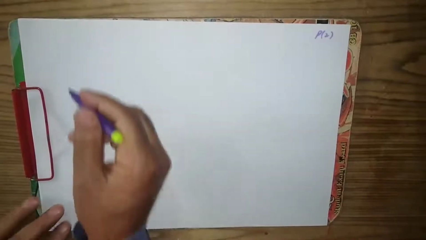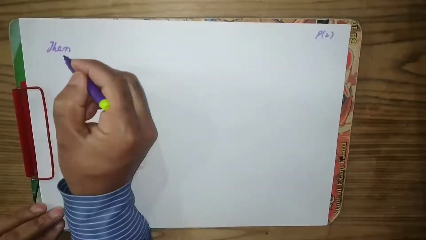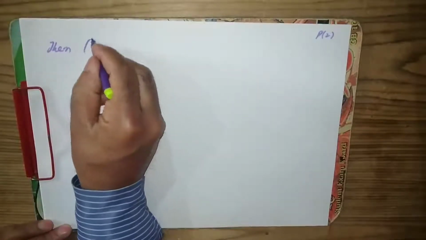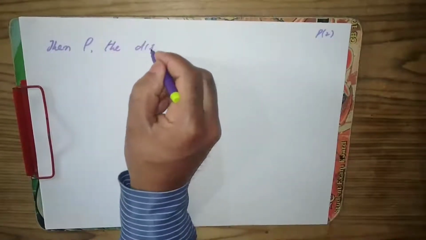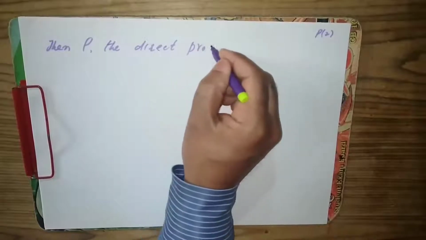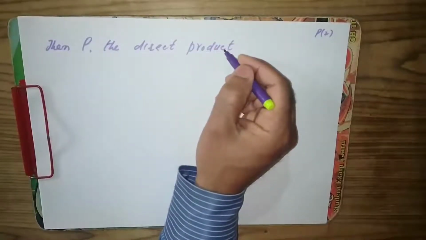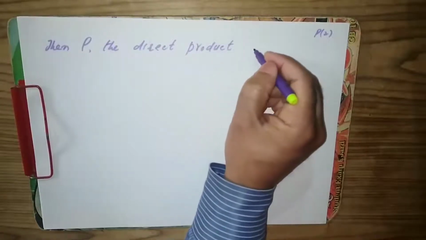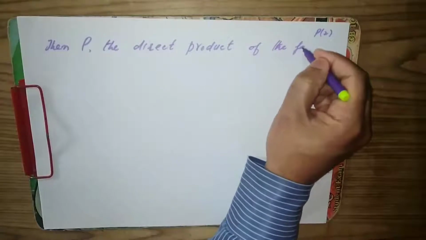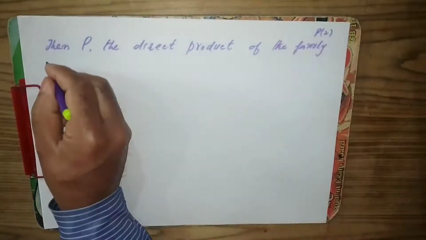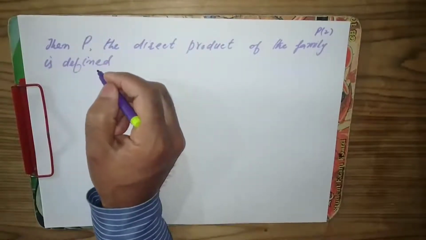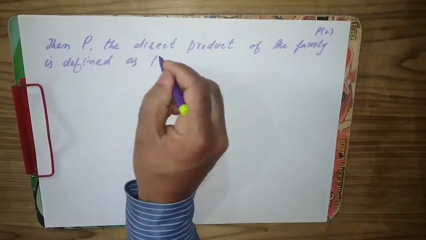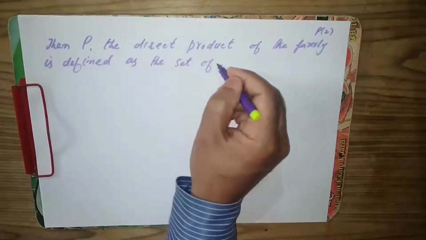Let's denote the direct product by P. Then P, the direct product of the family, is defined as the set of all maps.